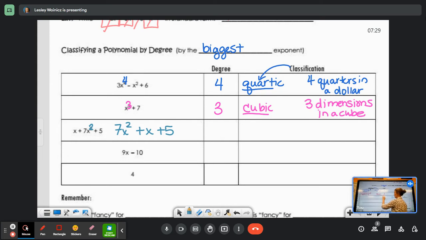So my degree is 2. Now, in your legs, in your thighs, like above your knees, you have 2 quads. Those are those big muscles right there. So these are quadratic. And to help you remember, you have 2 quads.